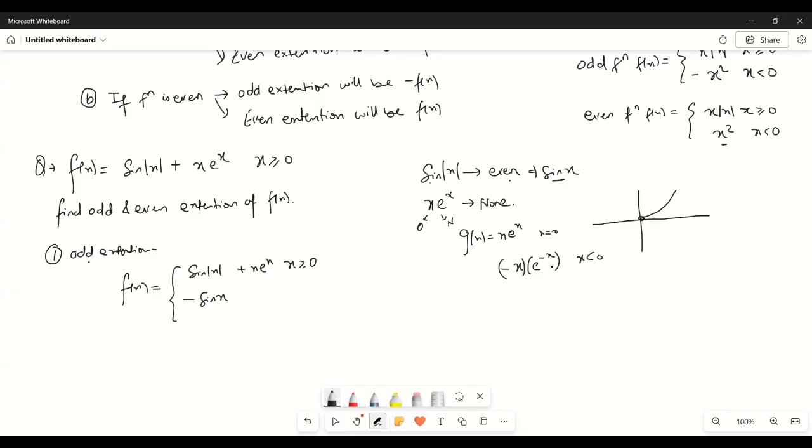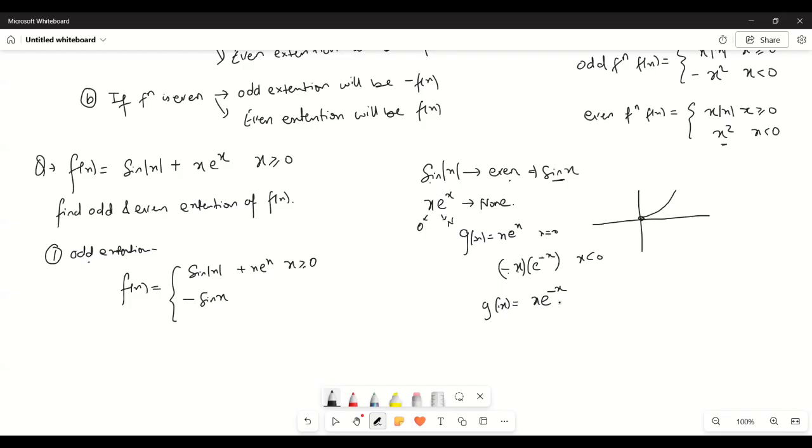So this will be minus if we put a minus sign over here. Okay, now for an odd function the minus should come outside. So x is odd, it will give the minus outside, but with e power minus x, the negative of x will not come out, it will be absorbed. So we need to get rid of this e power x, the negative. So what we do is, let's say we define g of minus x as x e power minus x.